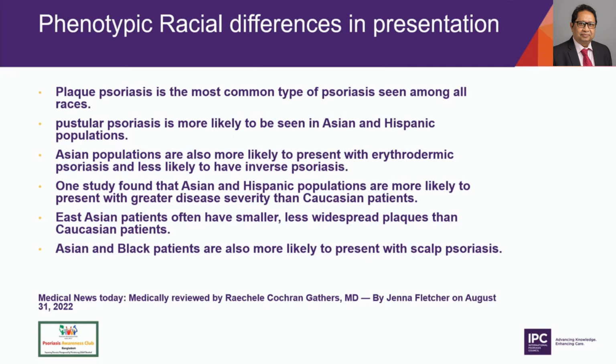One study found that Asian and Hispanic populations are more likely to present with greater disease severity than Caucasian populations. East Asian patients have smaller, less widespread plaques than Caucasians, and Asian and black patients are also more likely to present with scalp psoriasis. These are the findings from a study.